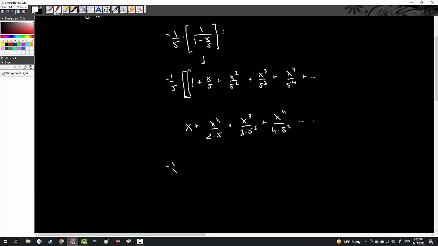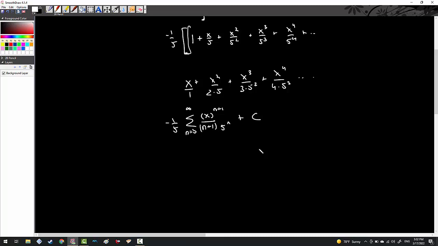It's really negative 1/5 times the sum from n equals 0 to infinity. My x's are going up by x to the n plus 1, over n plus 1. The 5 is 5 to the n, except for a plus c, because when we integrate an indefinite integral, we have to take into account that plus c.